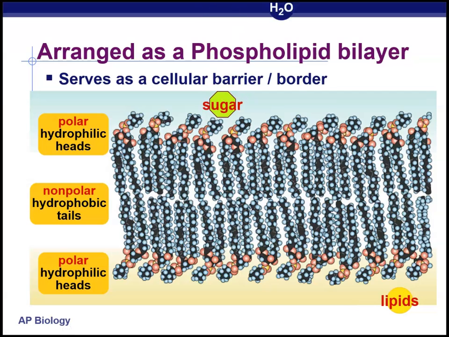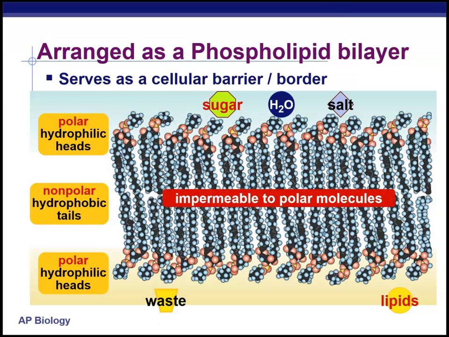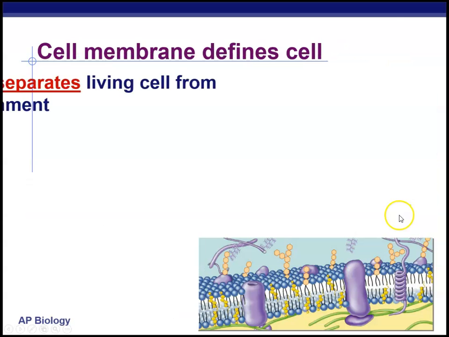Sugars, water, looks like they're stopped, salt, and then wastes. So it's impermeable to polar molecules here because of this central area with these hydrophobic tails. So that means we're going to need some help to get some of these molecules across the phospholipid bilayer.